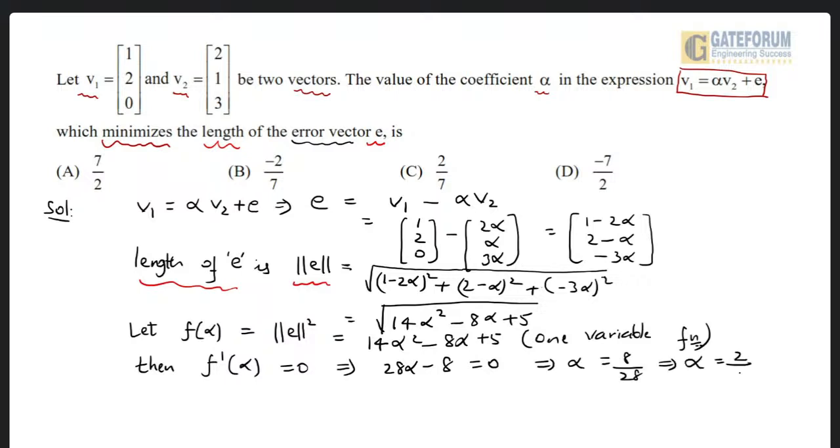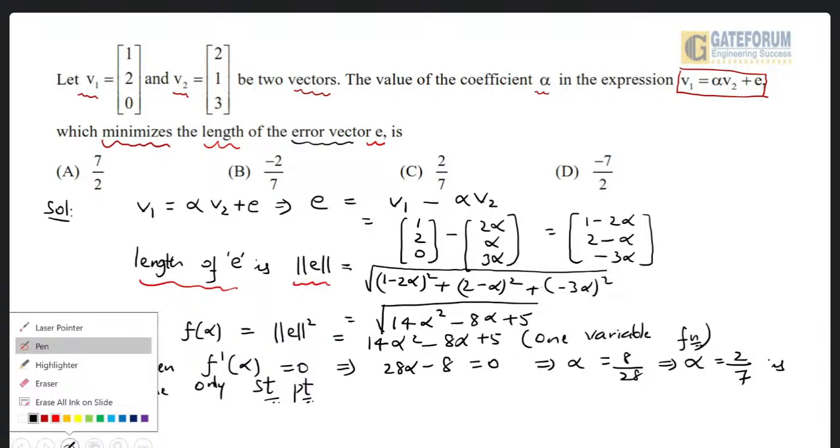So this is the only stationary point. At this stationary point, definitely f of alpha, that is the square of the length of the vector, is going to be minimum because we got only one stationary point.